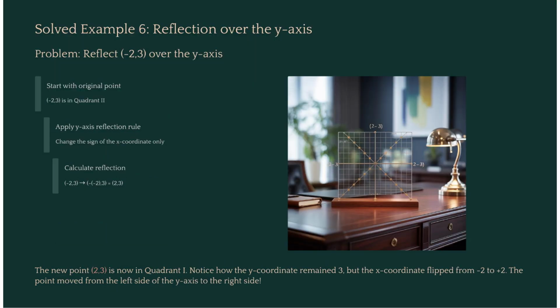In example 6, we reflect the point (-2, 3) over the y-axis. We keep the y-coordinate, 3, and change the sign of the x-coordinate. -2 becomes +2. The new point is (2, 3). The point moved from quadrant 2 to quadrant 1, a mirror image across the y-axis.